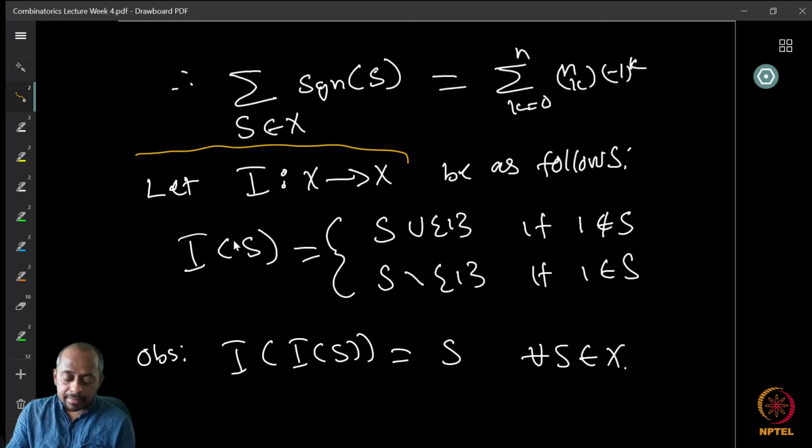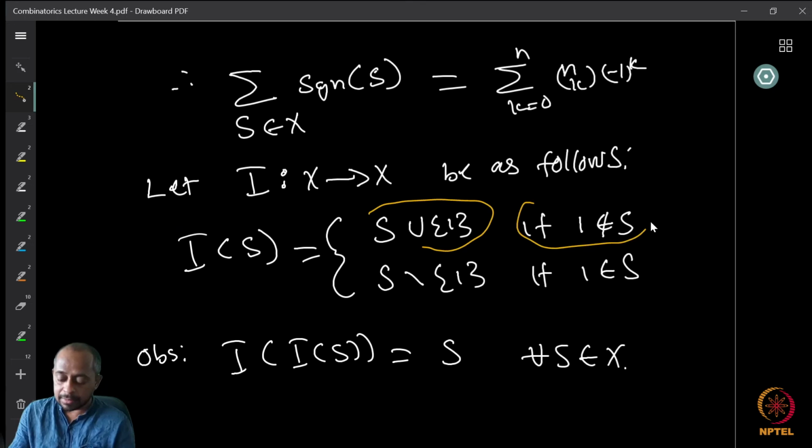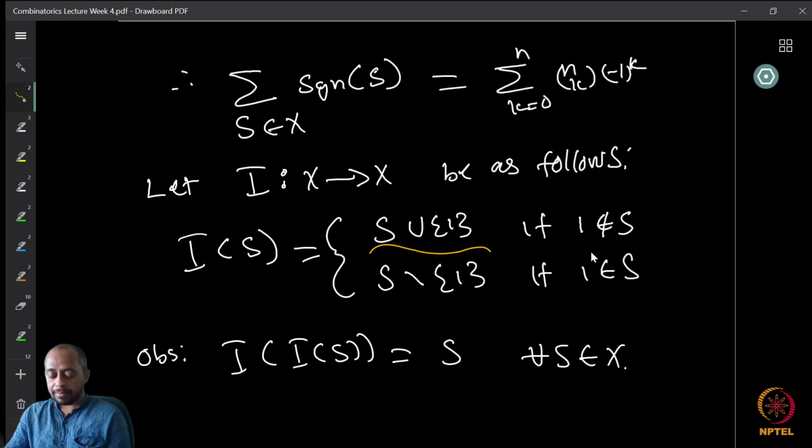The function I takes S, a subset of {1, ..., n}, to S union singleton 1 if 1 is not in S. So if the element 1 is not in the set S, then I just add it to S. On the other hand, suppose S contains 1, then I remove it from S, so it is S minus singleton 1.